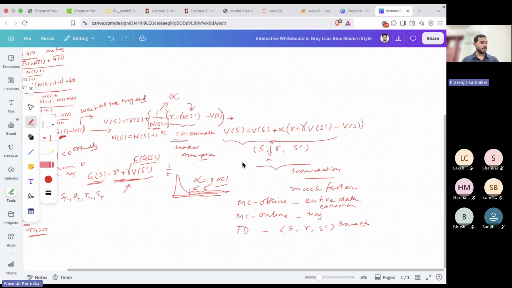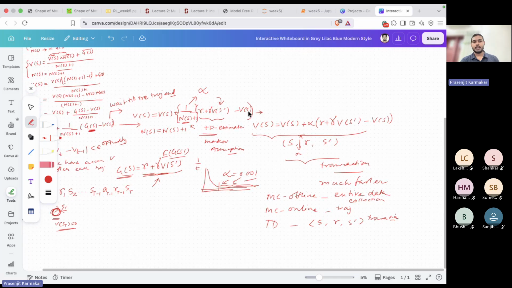Got it? So let's implement it. And this TD learning becomes the basis for all the next value-based algorithms like Q learning, double Q learning, SARSA. All these algorithms came from this TD learning concept. And now you have a clear understanding how it came from, right?